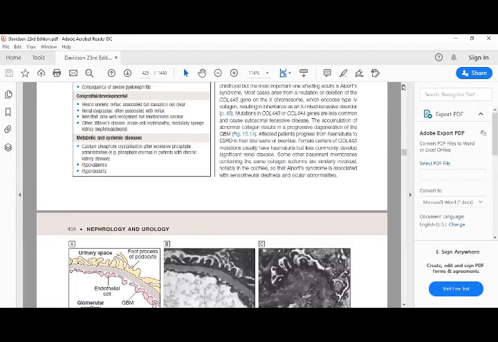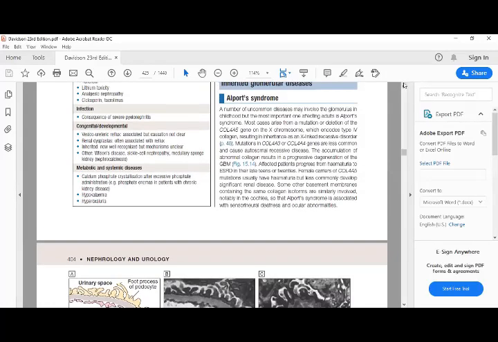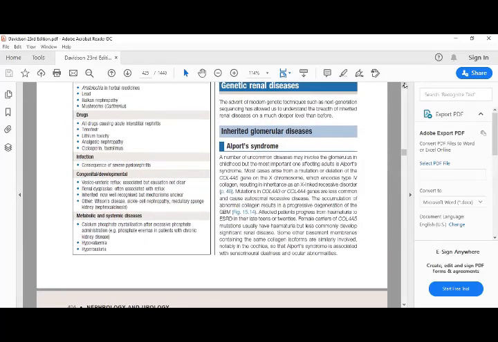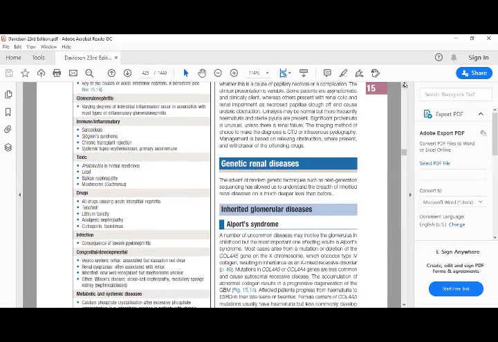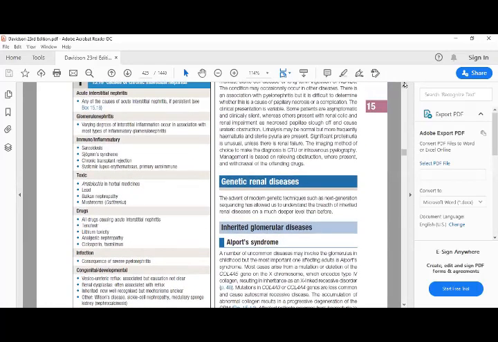The causes of chronic interstitial nephritis are: number one, persistence of acute interstitial nephritis, and number two, glomerulonephritis.